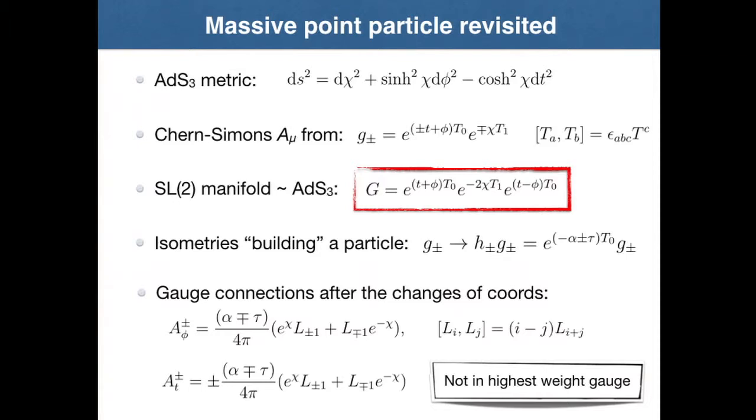This is true, so that's, well, we haven't looked at these to see, but the highest weight gauge is just a useful tool to classify the solutions, but it's not completely mandatory, no? For instance, you can have any upper triangular gauge. This is probably not even in that case, because I have something which is not 1 here, but in principle, as long as you use gauge transformations that are legal, you can do that.